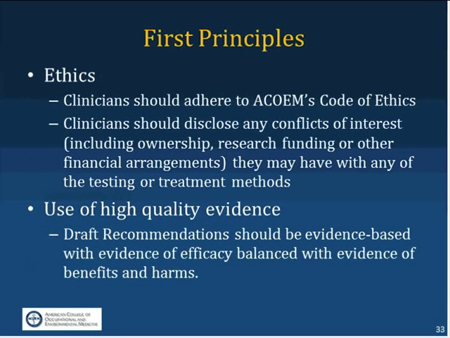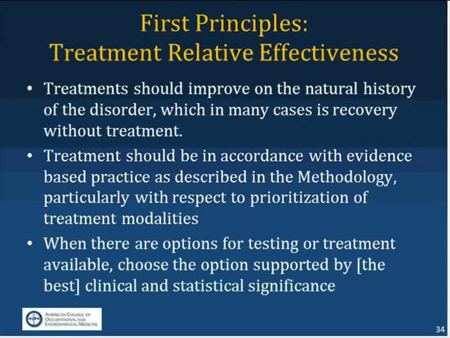Now the first principles, there are actually about 15 of these. I just showed you a few of them for illustration. These are just common sense things that most people would do if they thought carefully about their clinical practice. Ethics is pretty self-evident, and you want the recommendations to be evidence-based whenever possible. Now, treatment, as I've mentioned, should improve on the natural history of the disease, which in the case of a lot of musculoskeletal problems is spontaneous recovery.